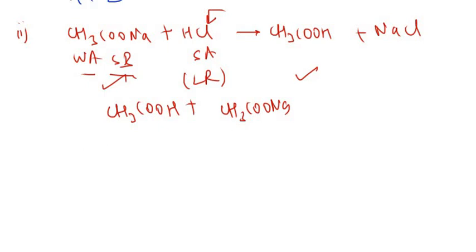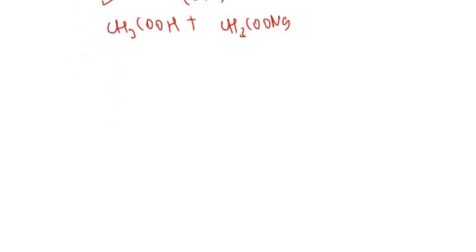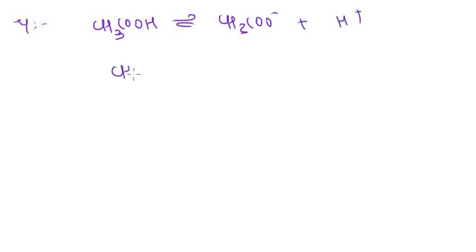So now let's try to find out the pH of a buffer solution. What could be the pH of the buffer solution? Let's take an example. We have acetic acid and sodium acetate. Acetic acid forms CH3COO negative plus H positive, and sodium acetate, CH3COONa, forms CH3COO minus plus Na plus.